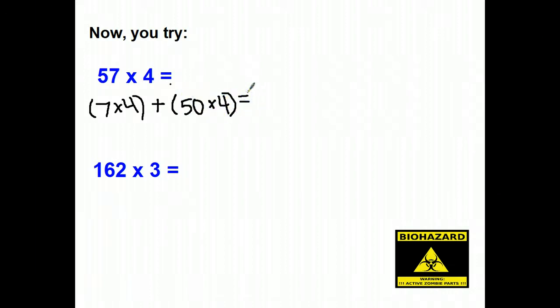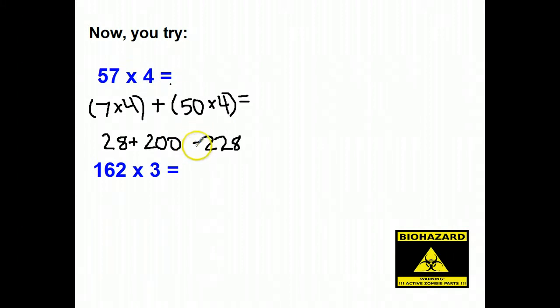Okay, so the next step is to get our totals. 7 times 4 is 28. Plus 50 times 4. Well, 5 times 4 is 20. So we know that 50 times 4 is 20 with a 0 on the end, or 200. And then 200 plus 28, and there we go.